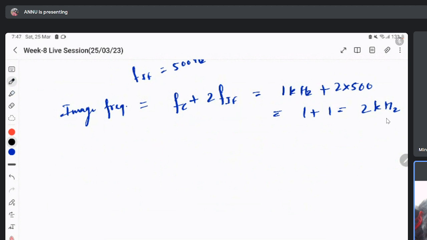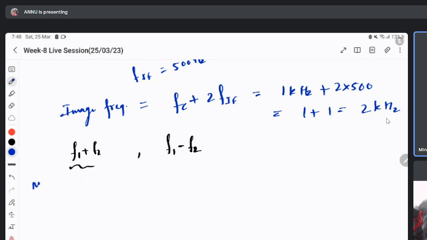Superheterodyne and heterodyne are the same, but the mixing frequency is different: F1 plus F2 in the case of superheterodyne, and F1 minus F2 in the case of heterodyne. The outcome is actually the same, because when we multiply them, we get it centered around F2.